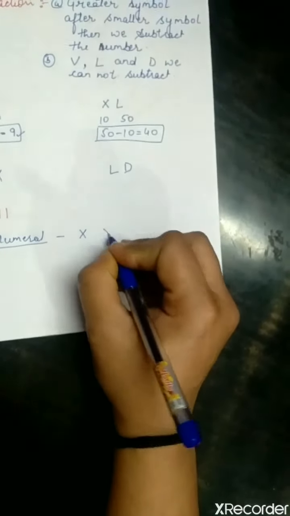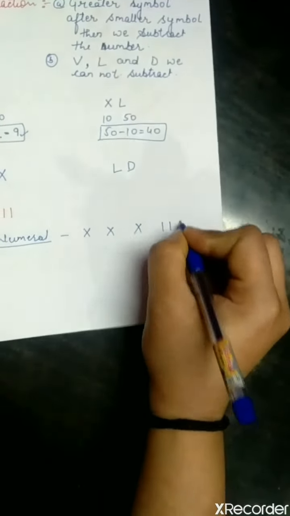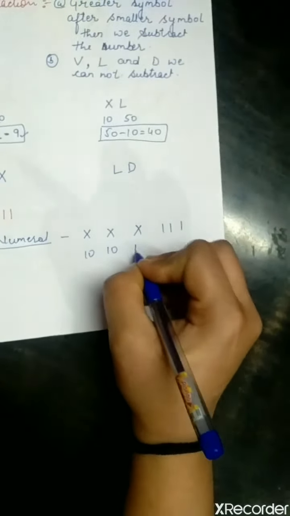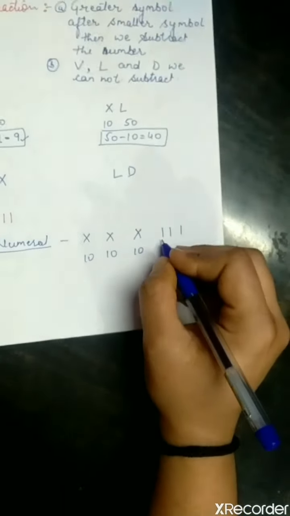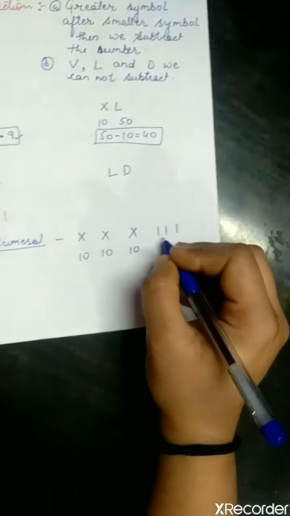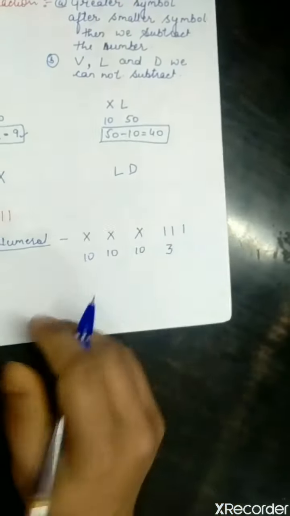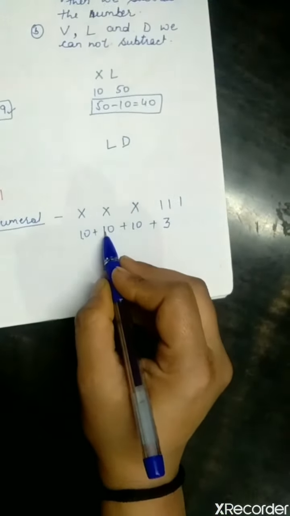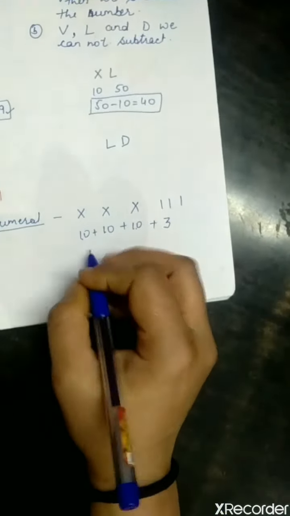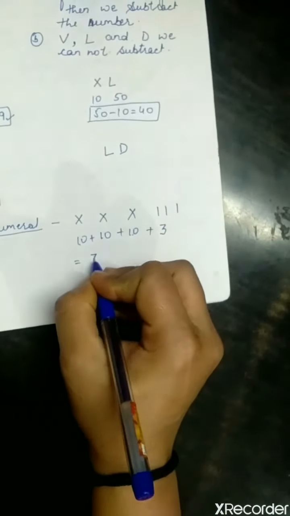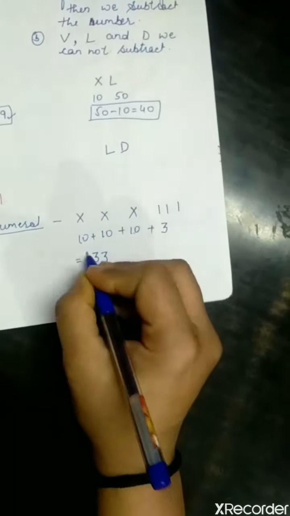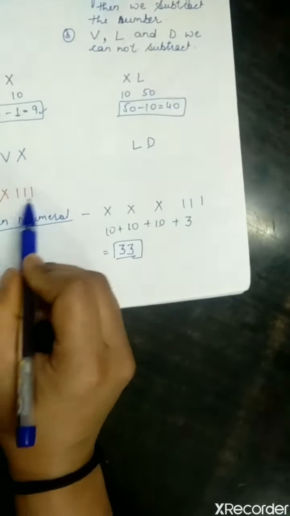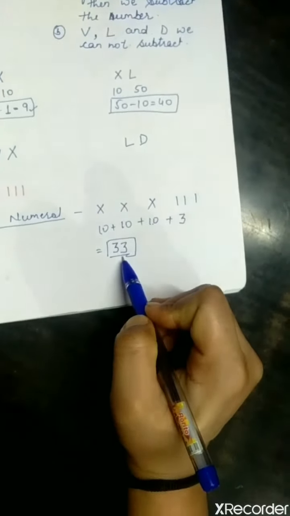The first X is 10, another X is also 10, and this X is also 10, right? And these three I's you can write together, it's 3. Now add up all the numbers. 10 plus 10 plus 10 plus 3, it becomes what? It becomes 33. So XXXIII is the symbol of 33.